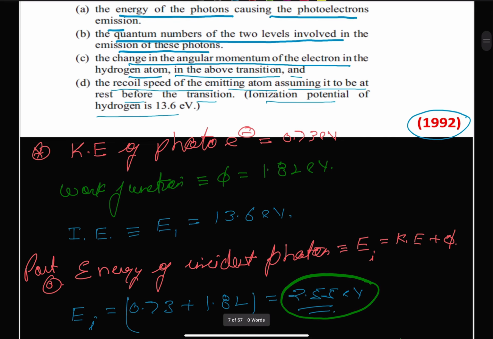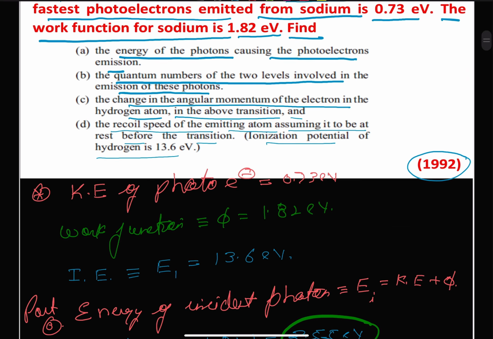And finally we have part D, which talks about the recoil speed of the emitting atom, assuming it to be at rest before transition.